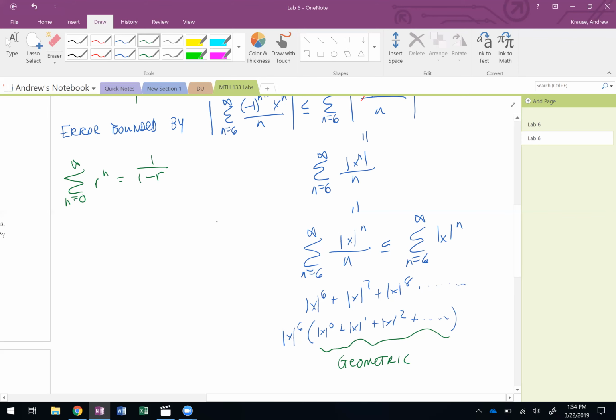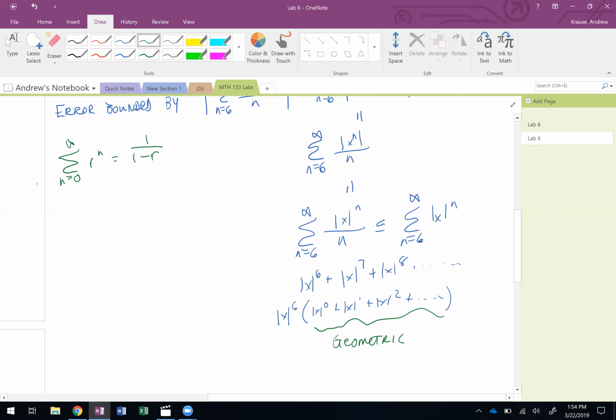So if I look back up here to this geometric series rule, what do I have now? I have the absolute value of x to the 6th times the sum from n equals 0 to infinity of the absolute value of x to the n.